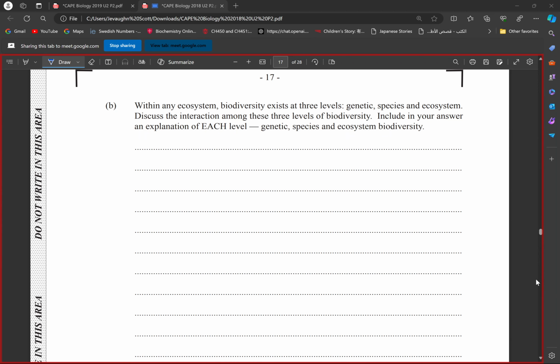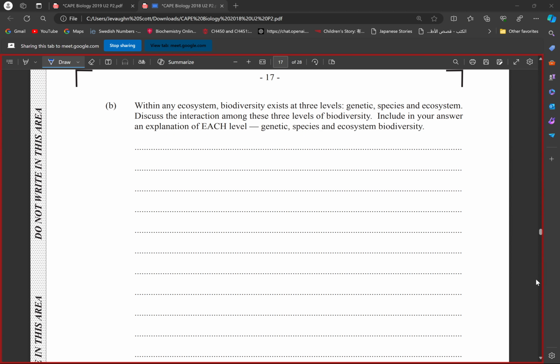Sir, I think both genetic and species diversity contribute to the diversity of an ecosystem because those are what make up the ecosystem. All right, so those are two aspects of what make up the ecosystem. Anyone else?